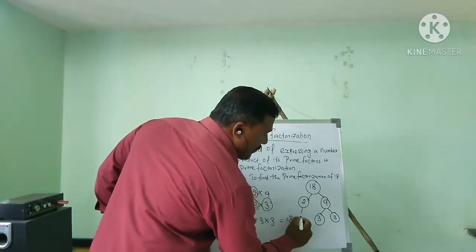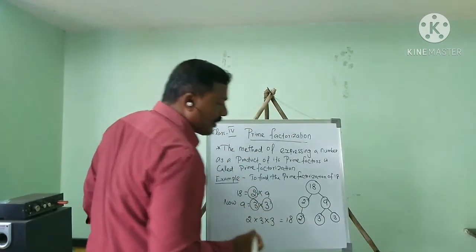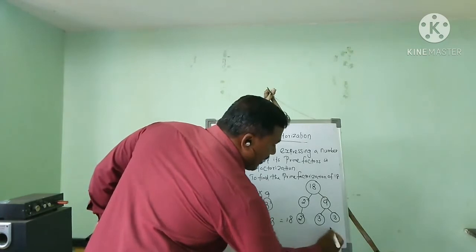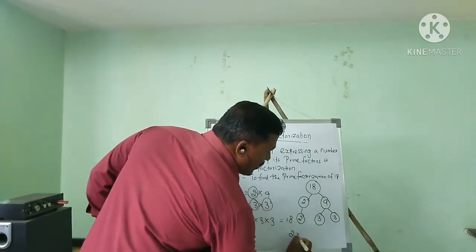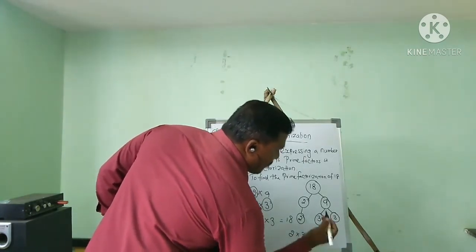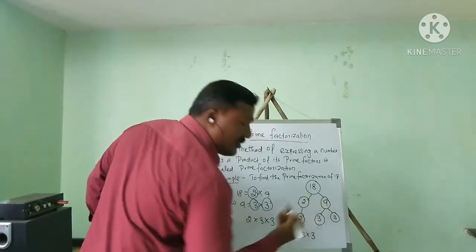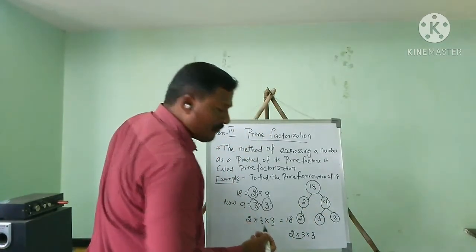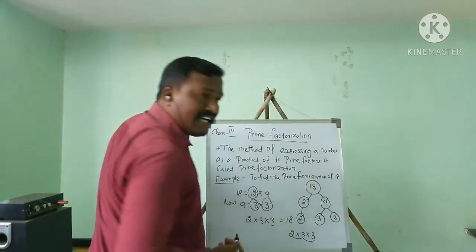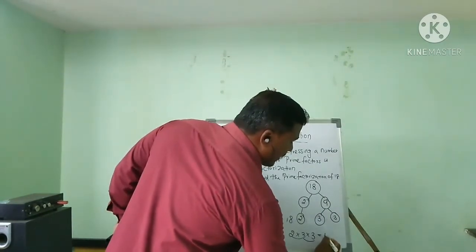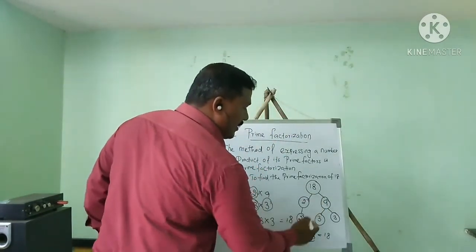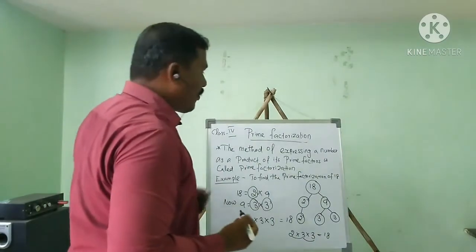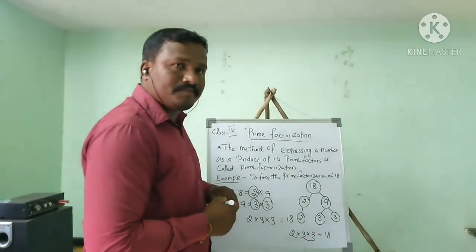Here simply I will take one step down. Now see the final factors 2 into 3 into 3. So 2 3s are 6, 6 3s are 18. So total is 18. So you can find prime factorization this way or this way.